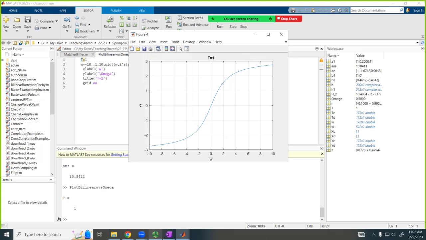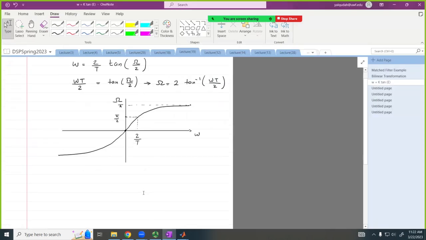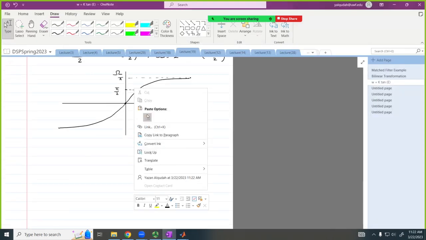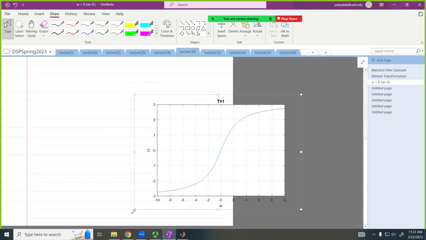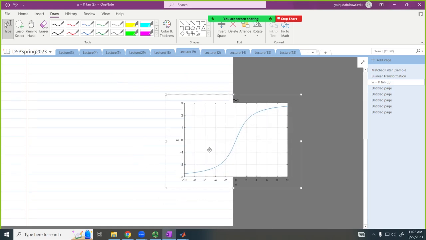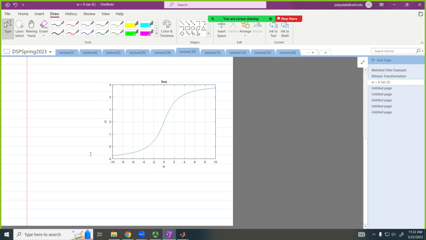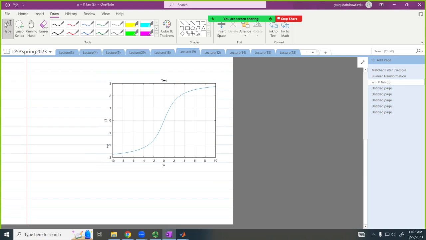And again, this is the plot of omega versus W.